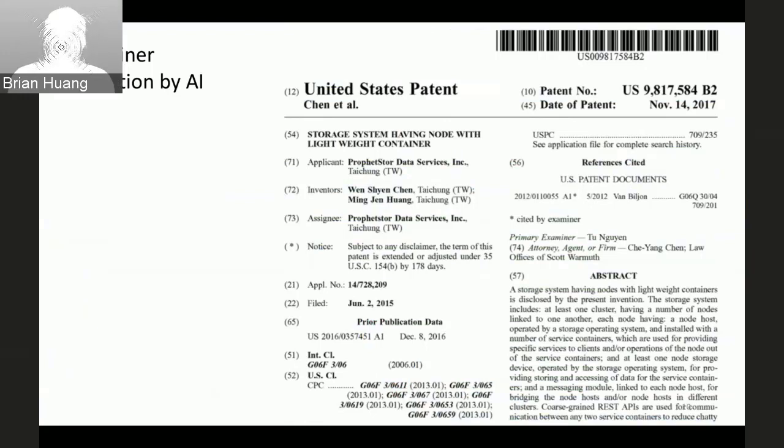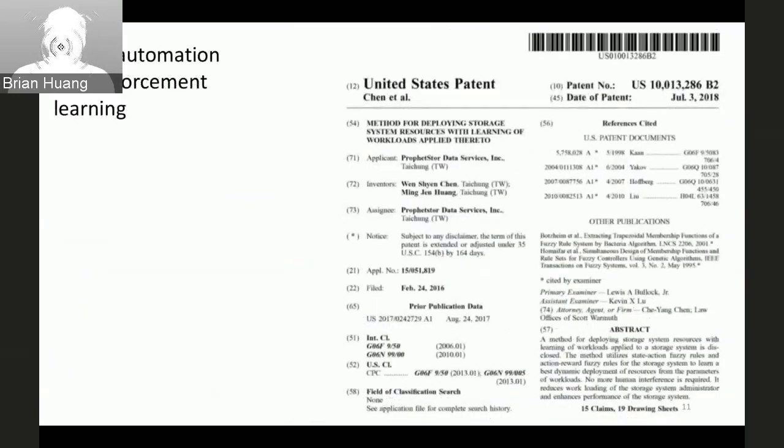So we developed machine learning patterns for containers 3 years ago, and also we have reinforcement learning. I don't have time to talk much about how to apply reinforcement learning, but we use it to improve our accuracy rate when we train the model.